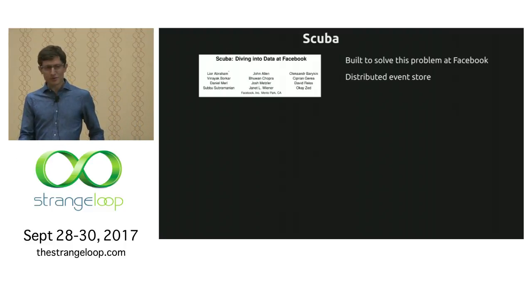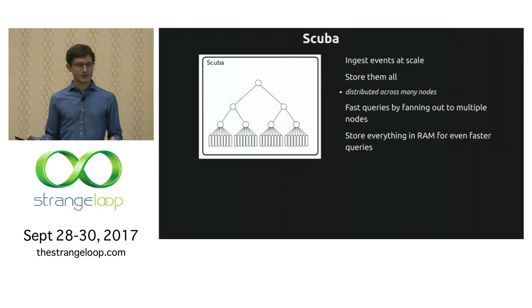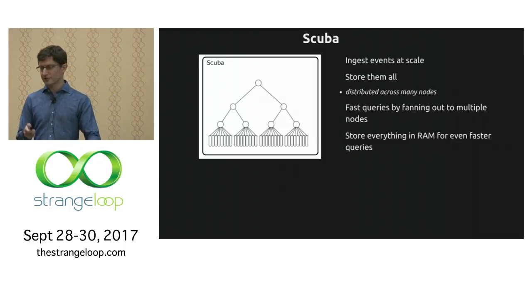And Scuba was built to solve exactly the same problem because Facebook has this problem as well. They operate very large systems at scale. And so they built a distributed event store. The idea behind Scuba is you ingest events at very high volume from lots of producers, lots of systems at once.